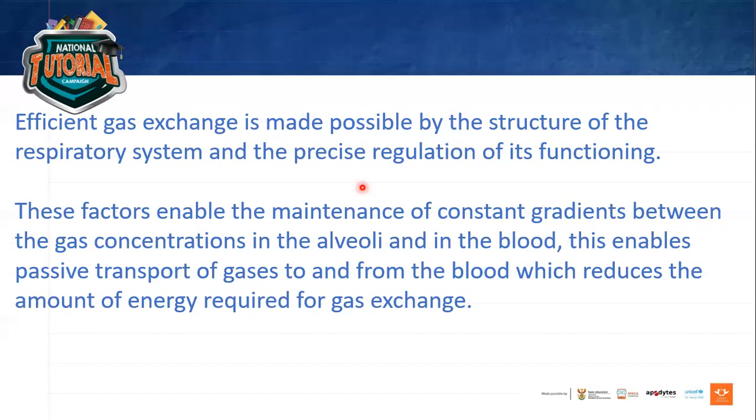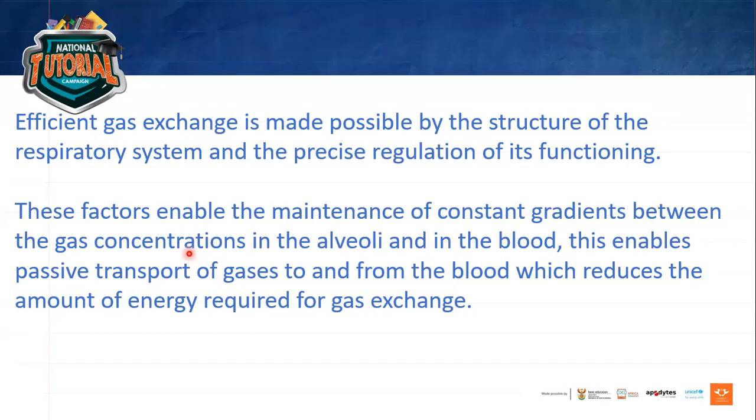These factors here that we've mentioned, they enable the maintenance of that, which is the constant gradients between the gas concentrations. As you know, like we've been emphasizing, when you breathe in oxygen, there's a certain element of portions of carbon dioxide that you also take in. And in the body, after the cell process of cellular respiration, there is carbon dioxide that is produced as a byproduct.